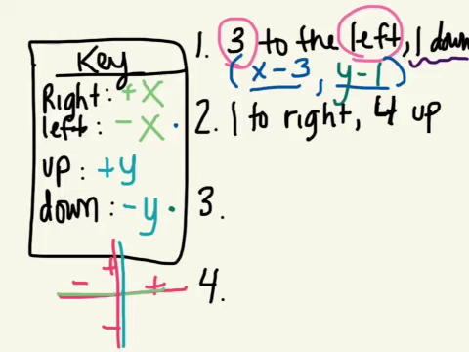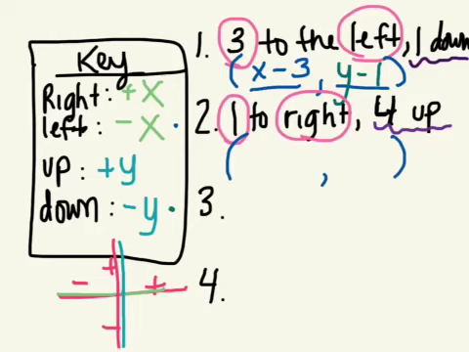Okay, so I'm going to circle the 1, and that's going to the right, and then I'm going to squiggle the 4, and that's going up. And now I'm going to draw my parentheses for my expression. So I need my x and my y. My x will go here, and my y will go right here.